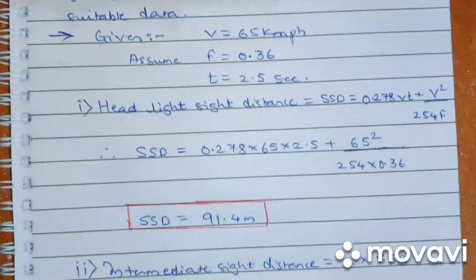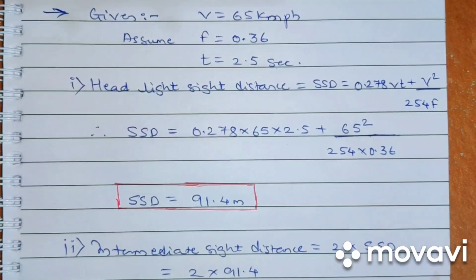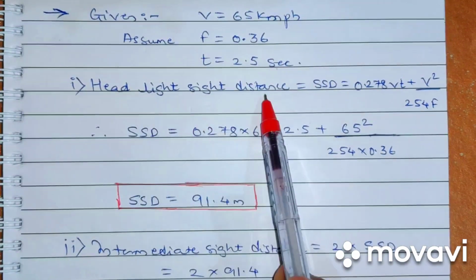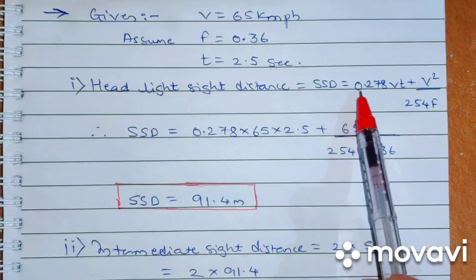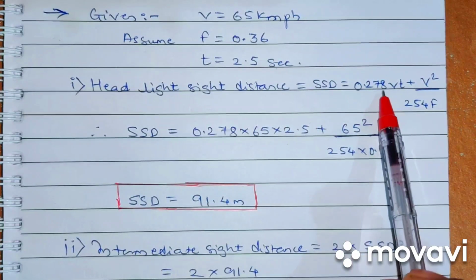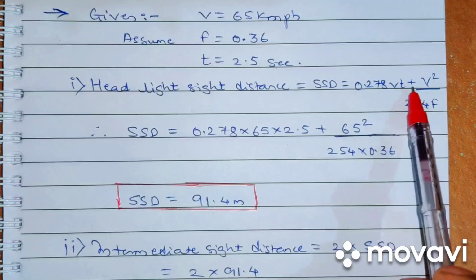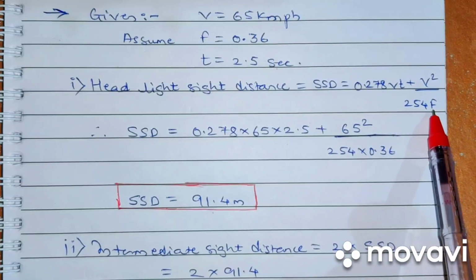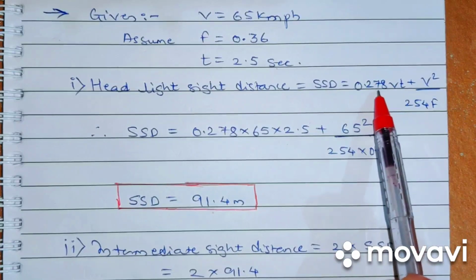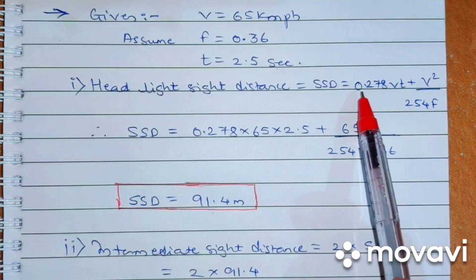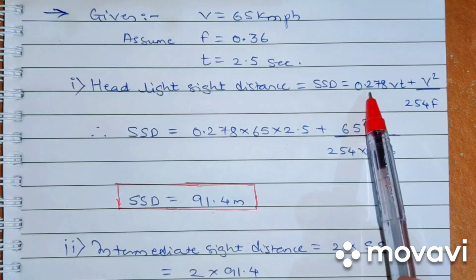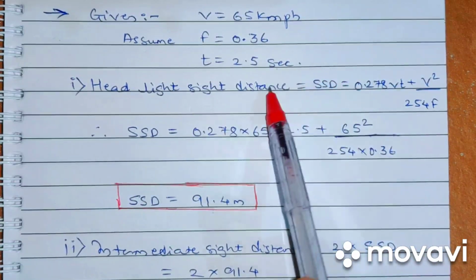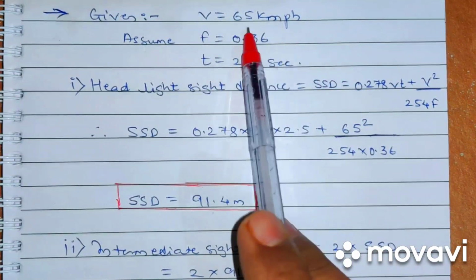So in the first case, to calculate the headlight sight distance, that will be equal to 0.278 V t plus v square upon 254 f. As you can recall, this is the formula to calculate the stopping sight distance when the velocity is given in kilometers per hour.